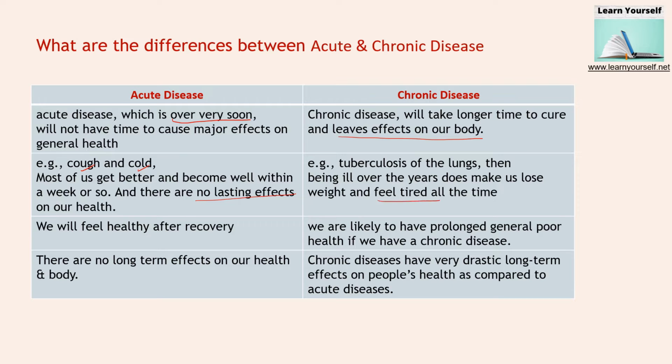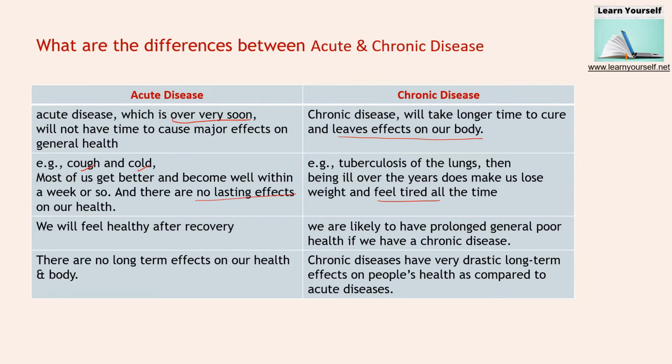and it will leave effects on our body. In acute disease we will feel healthy after recovery, whereas in chronic disease we are likely to have prolonged poor general health. There are no long-term effects on our health and body in acute disease, whereas in chronic disease we will have very drastic long-term effects.